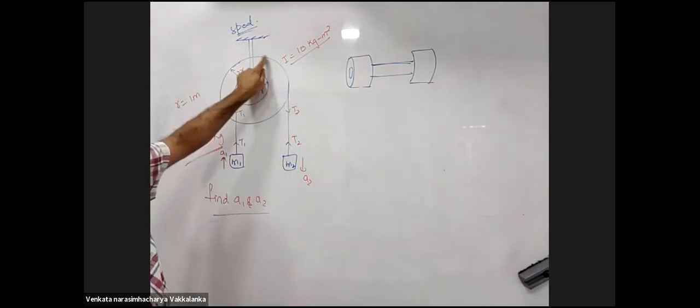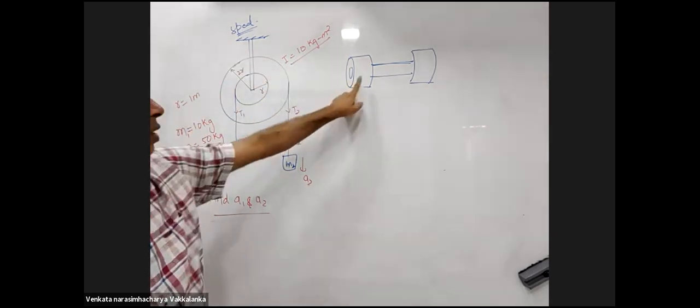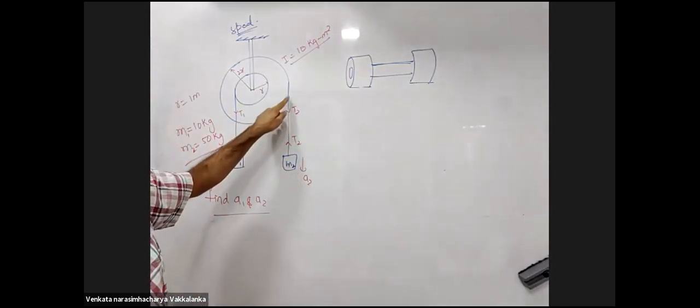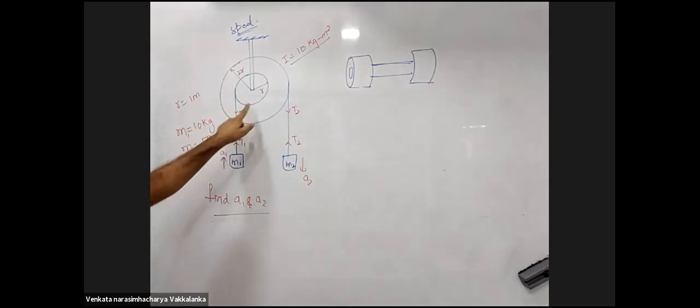M2 is connected by a string which is wound on the outer radius. M1 is wound on the inner radius.